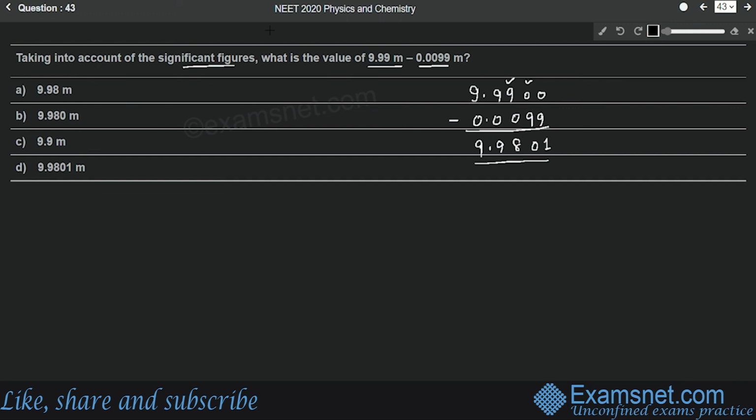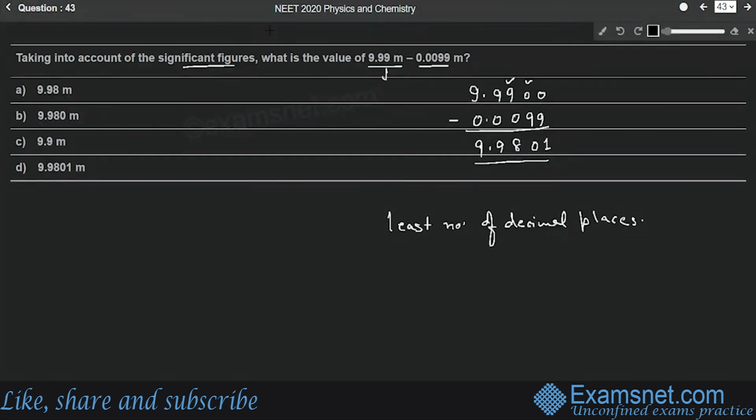Now we have to take into account the significant figures. So we should know that in case of subtraction, the answer should be reported to the least number of decimal places. What do we mean by least number of decimal places? See, look at the question first. Here we have two numbers. In the first number, we have 2 digits after the decimal.